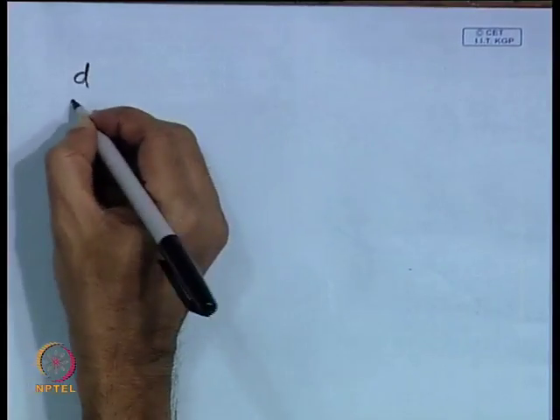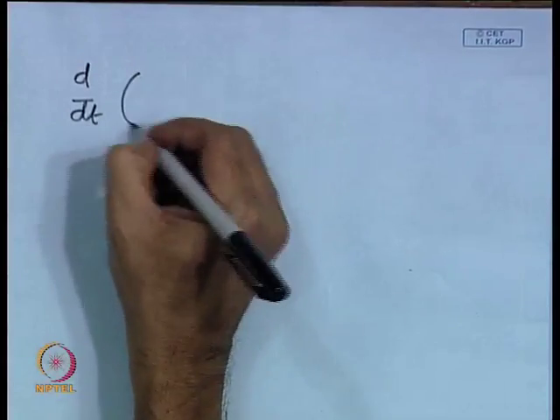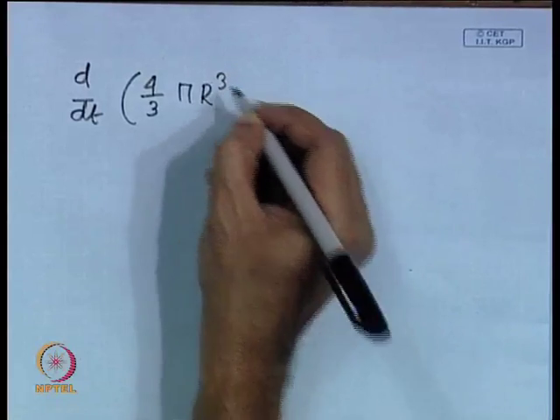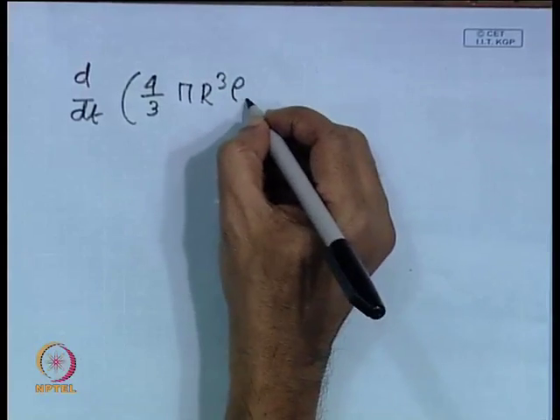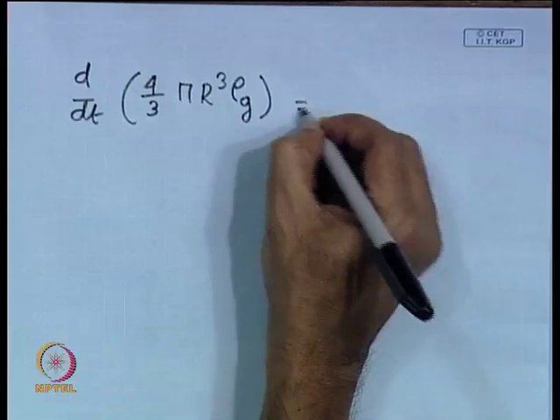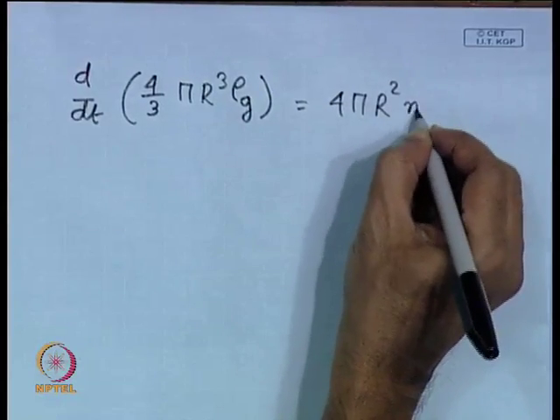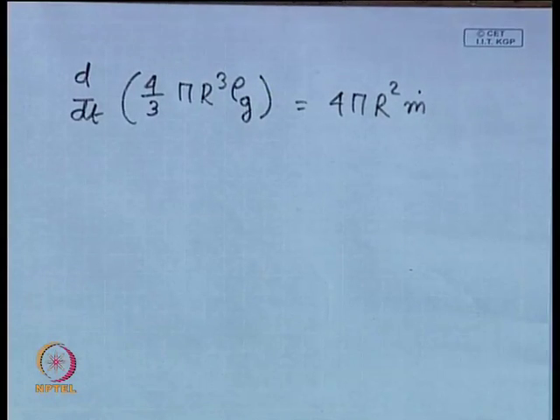So, using this basic information, one can write some sort of a relationship like this: d/dt of 4/3 pi r cube rho_g is equal to 4 pi r square m dot. So, basically this is relating the rate of mass transfer and rate of bubble growth.